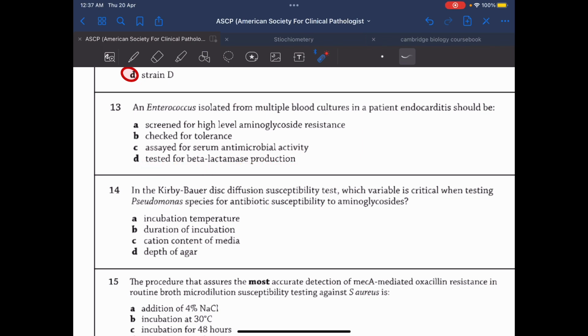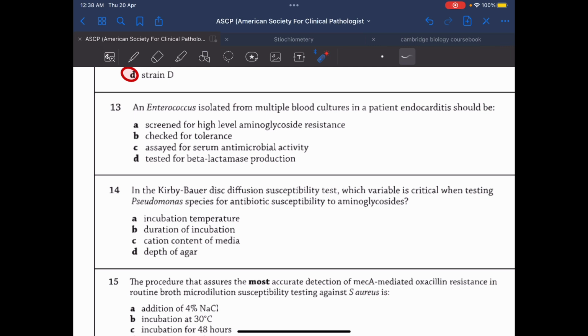Systemic enterococcal infections such as endocarditis are commonly treated with a cell wall active agent and an aminoglycoside. These agents act synergistically to kill the organism. If the organism is resistant to one or both, there is no synergy and the combination will fail.